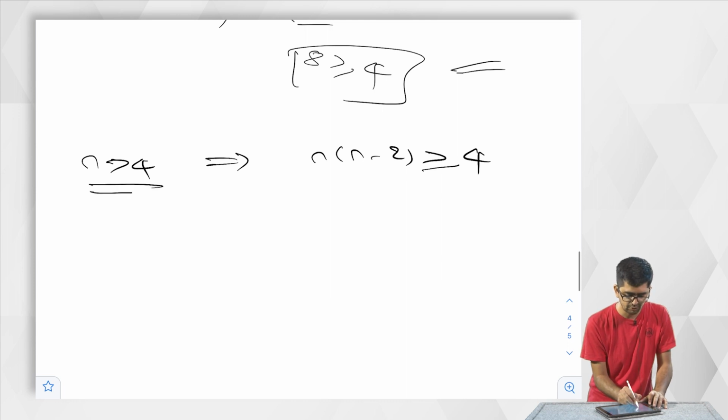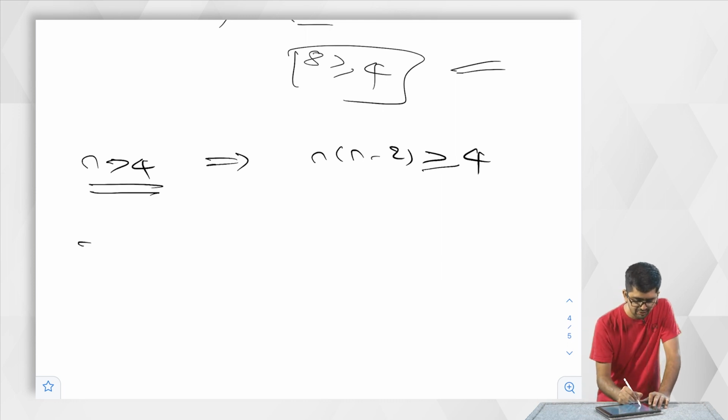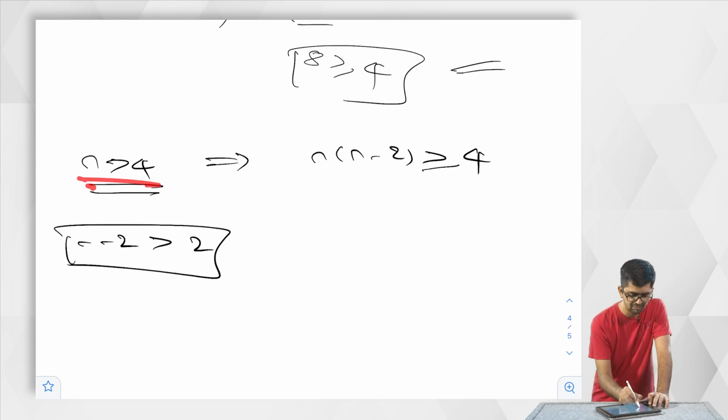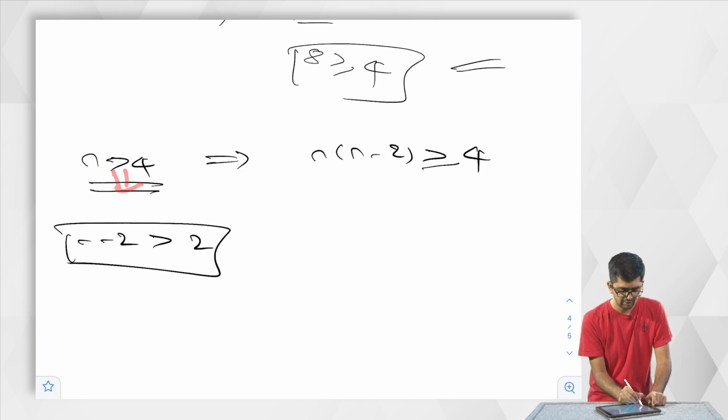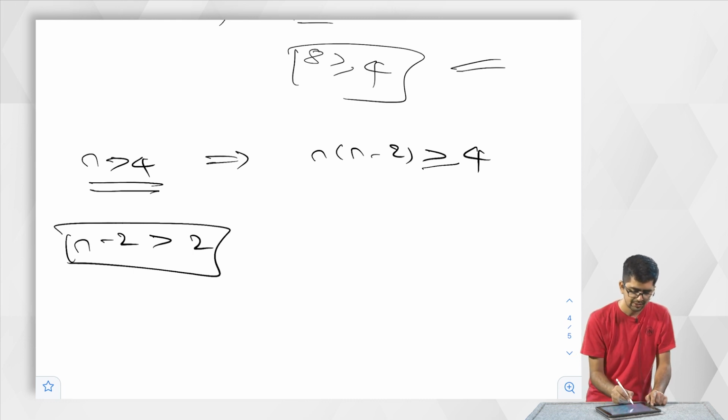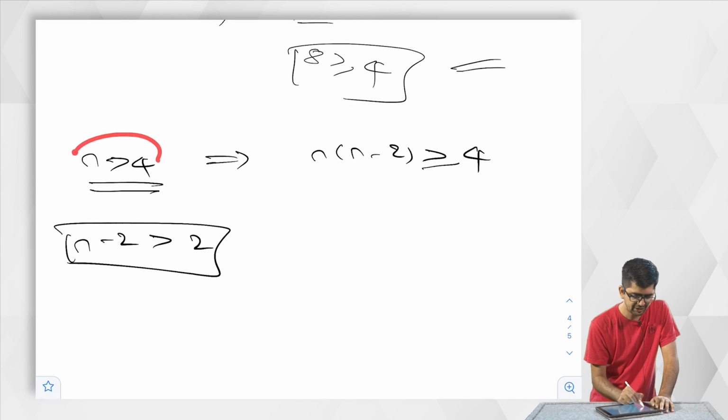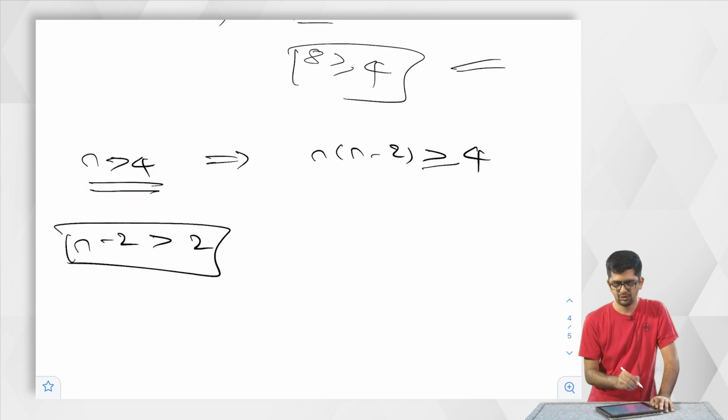See, if n is greater than 4, n minus 2 is greater than 2, right? I am just adding minus 2 on both sides, so the inequality does not change. So n minus 2 is greater than 2. Now we are just multiplying these two inequalities.